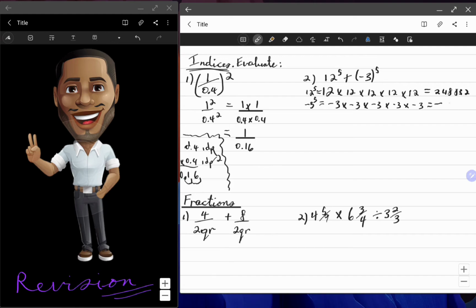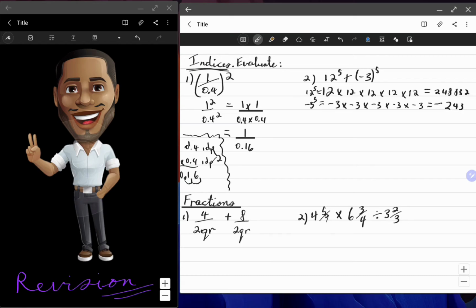Alright, and then that will be equal to 243. So then if we were to write this back in its original form, which was 12 to the 5th power plus negative 3 to the 5th power, all we're going to do is substitute back these exact values into its places.